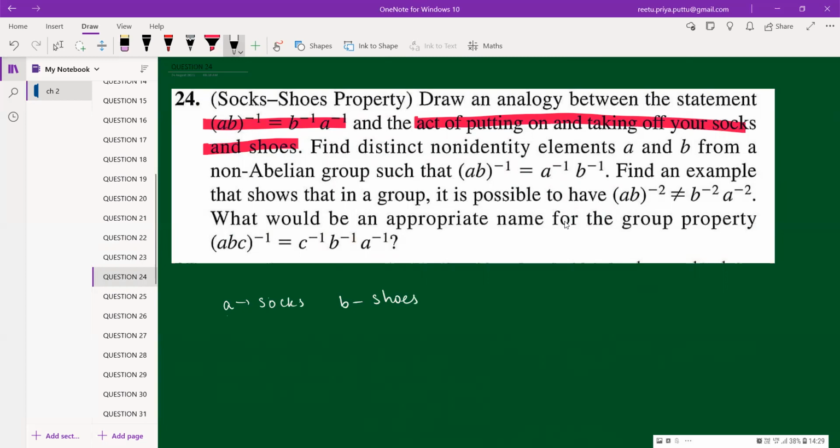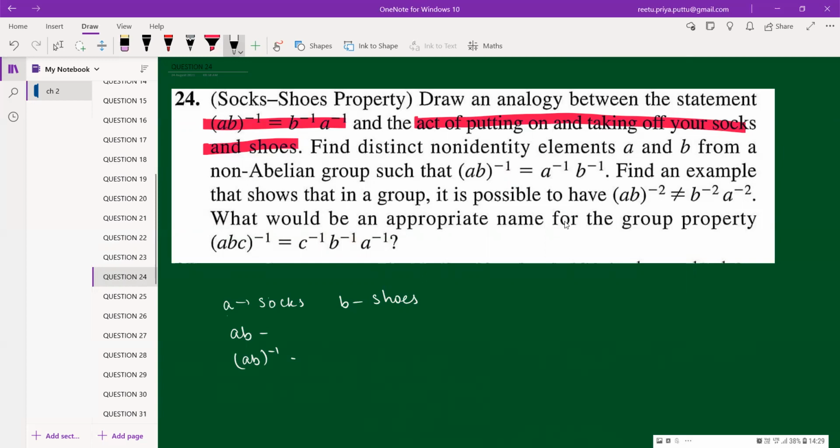Now what happens? You wear socks. AB is basically you are wearing socks and then you are wearing shoes, meaning putting on your socks and putting on your shoes. Now the inverse, (AB) inverse, is basically you are undoing the work of putting on your socks and shoes.